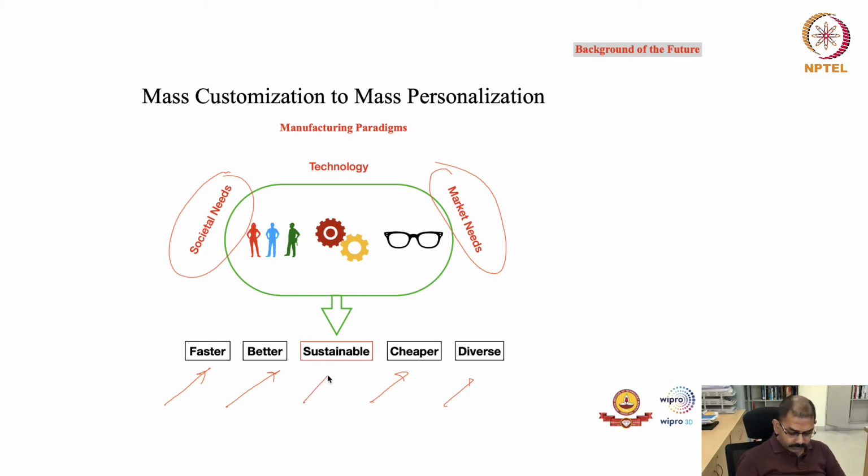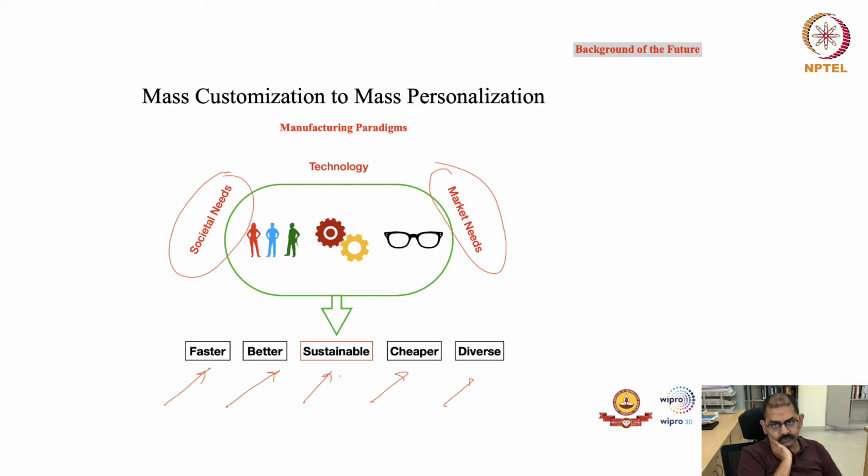I am adding sustainable from my side. So when I talk about sustainability, we are talking about sustainable manufacturing. And when I say sustainable manufacturing, in fact, a lot of research groups across the globe are already talking about it. So there are groups which are titled like environmentally benign manufacturing, right?